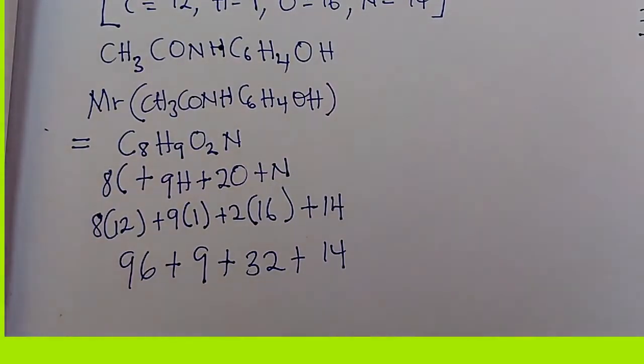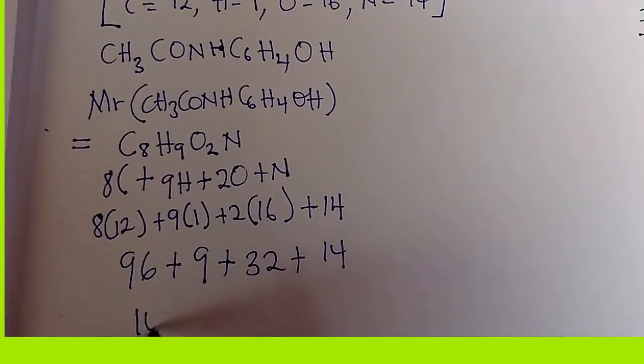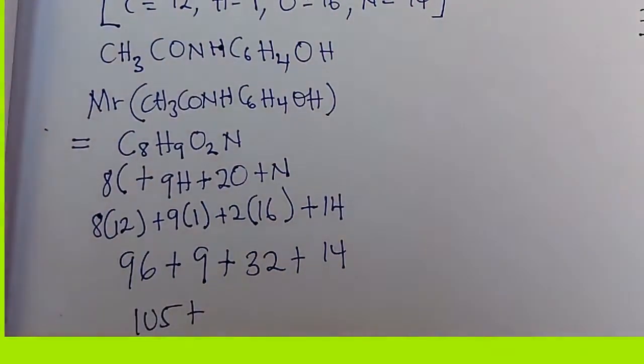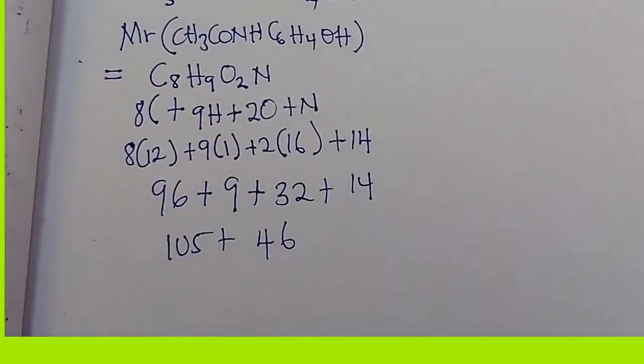So we have 96 plus 9, and that gives me 105. So I have 105 here, plus 14 plus 32 gives me 46.